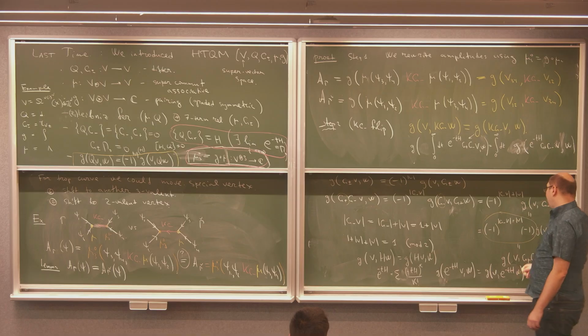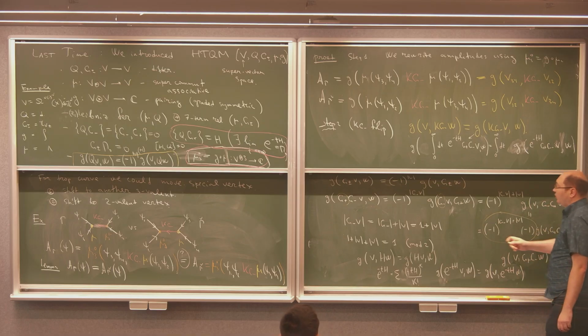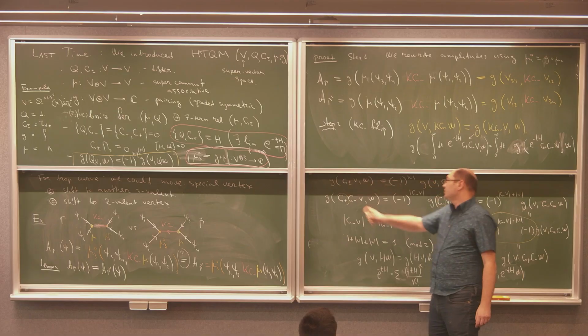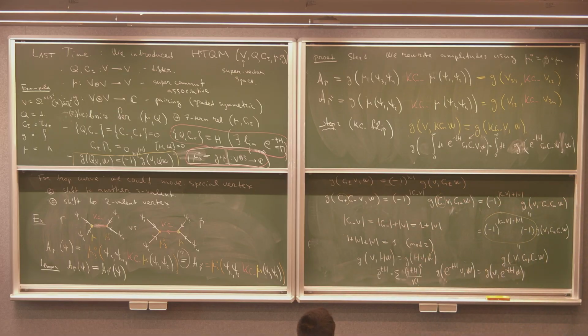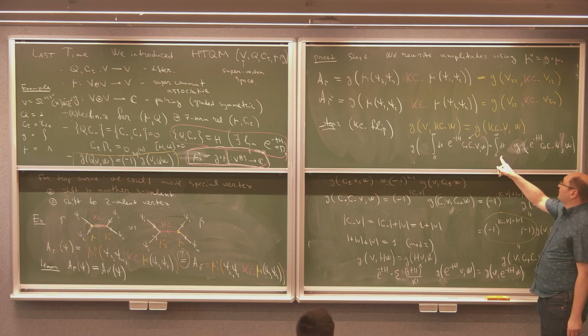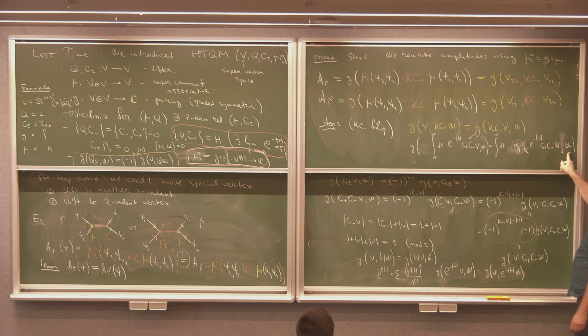So therefore these two formulas. First is moving G plus minus from the first argument to the second argument without a sign, and moving e to the minus tH from the first argument to the second argument gives us no sign. And given that we can commute this integration over dt and the pairing, first we put the integration outside and get this expression.